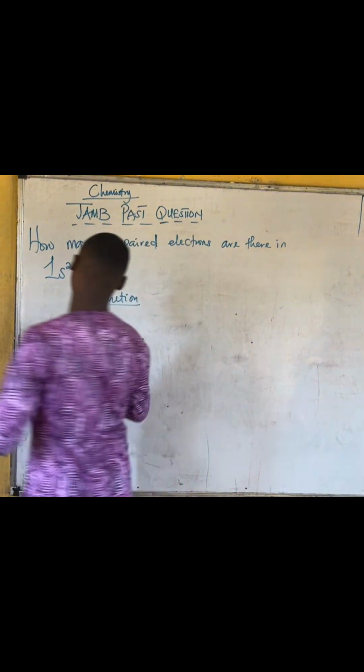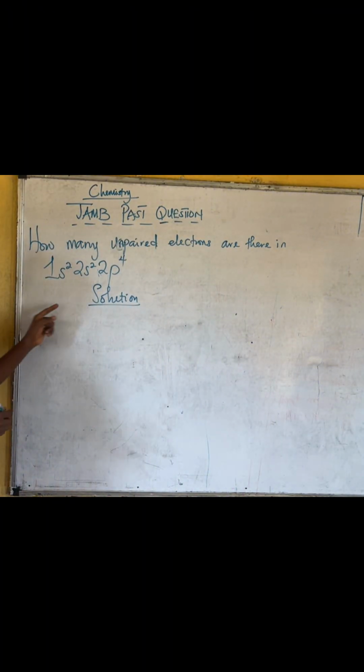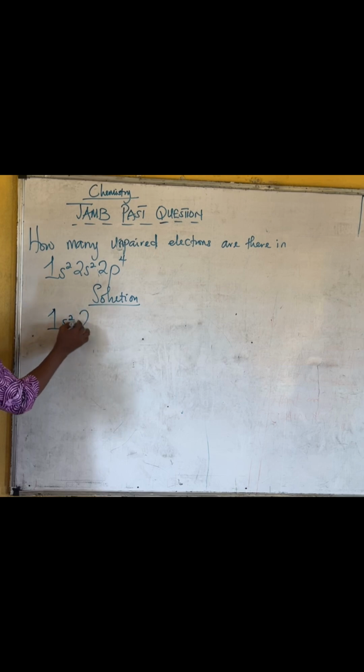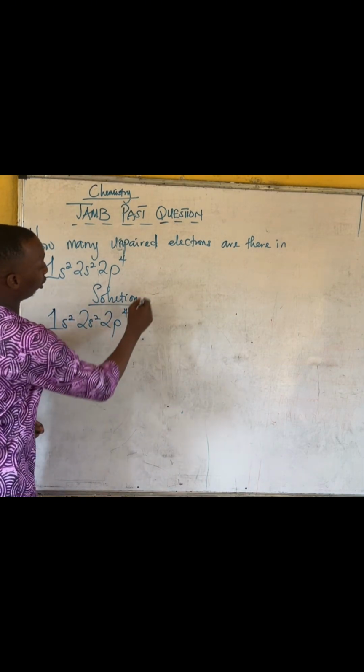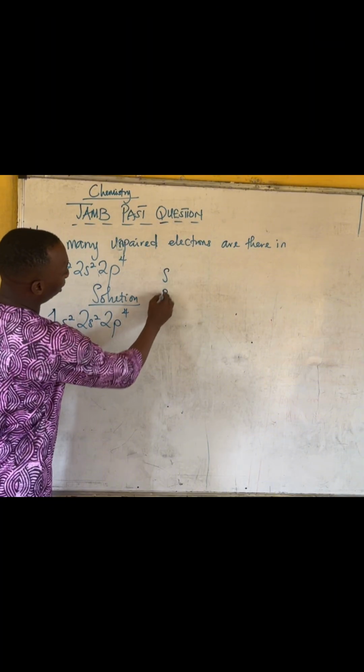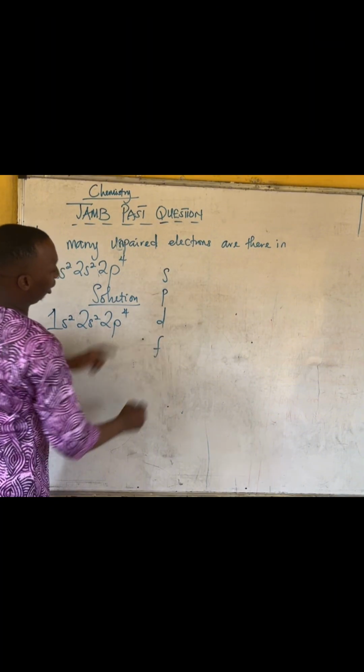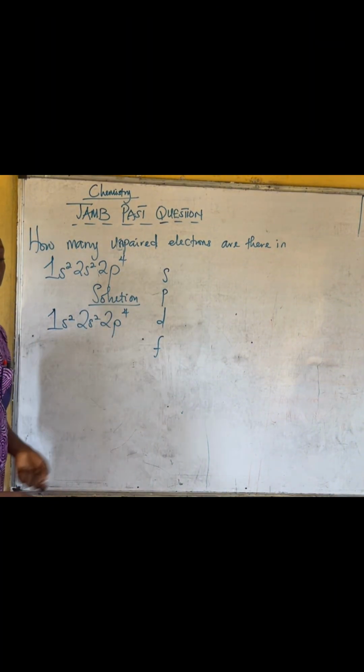Now, first of all, there are so many ways I can attempt questions like this. For a degenerate orbital, don't forget I told you that there are four basic orbitals: the s, p, d, and f.